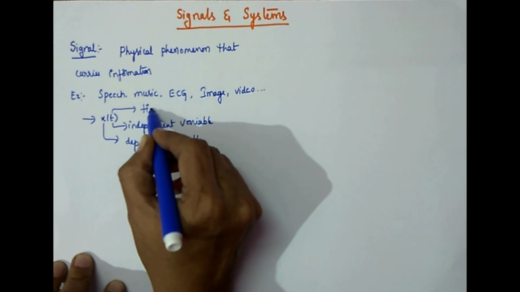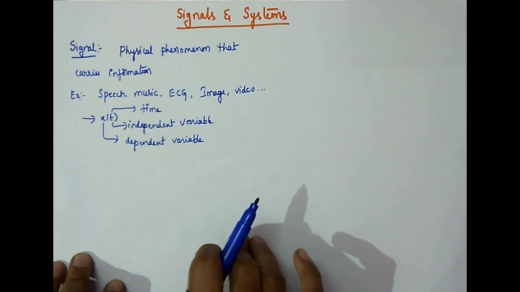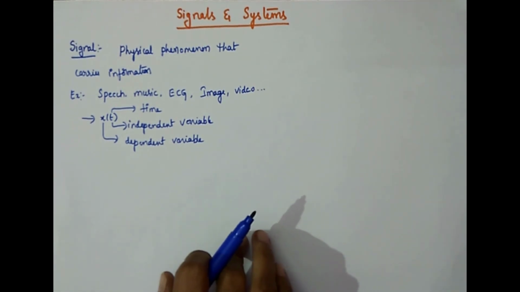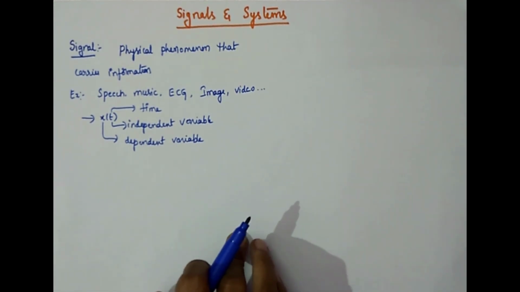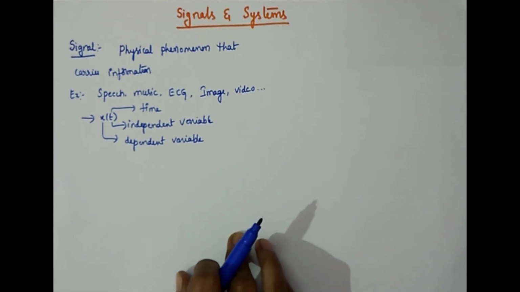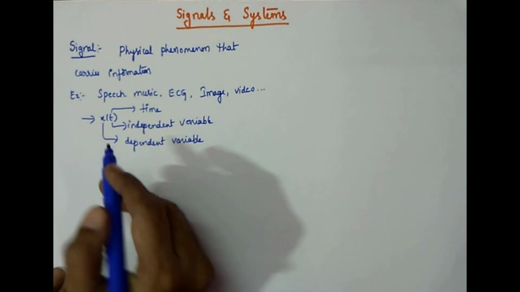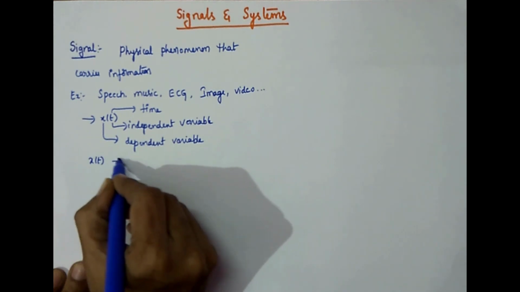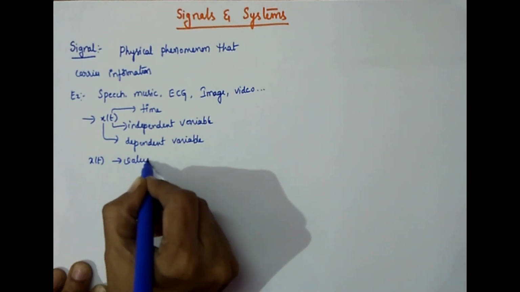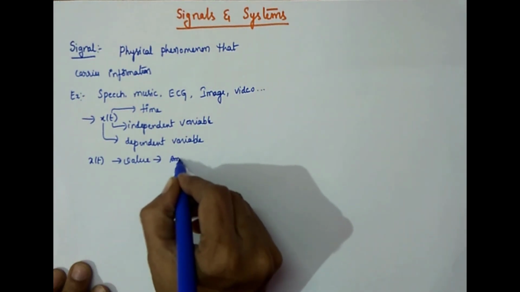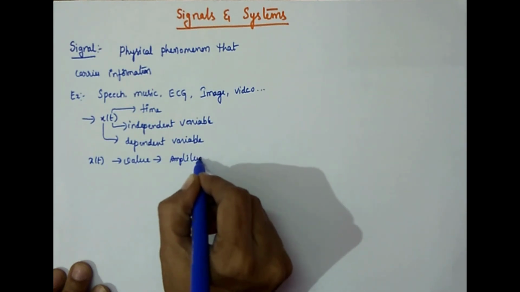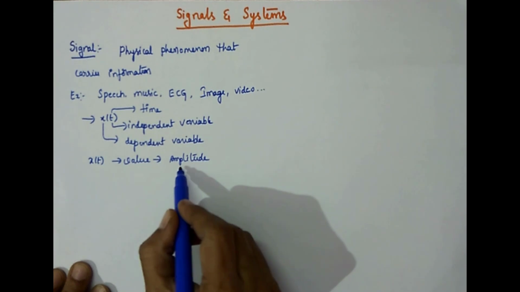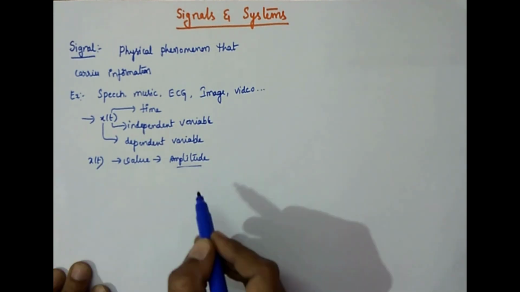It is time. The independent variable is time, and x depends on time. The value of x of t is called amplitude. This amplitude varies with respect to t.